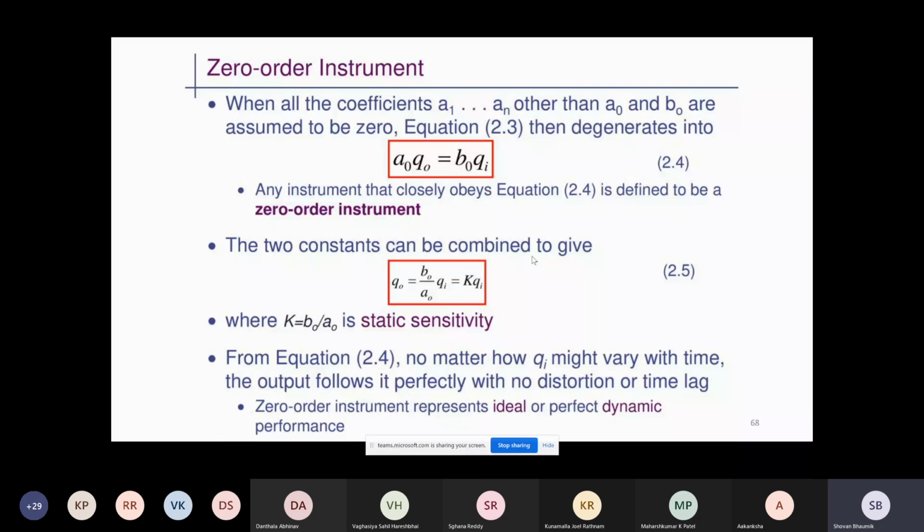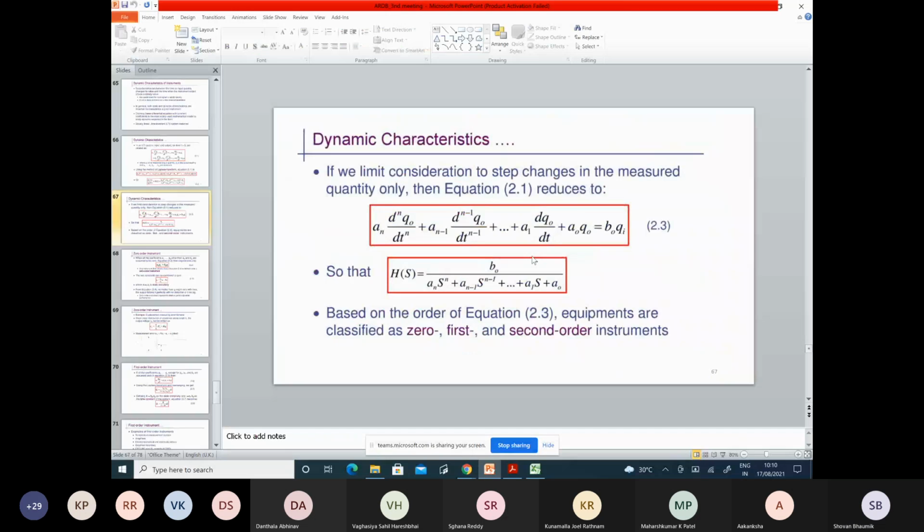Whatever output you get, you divide it by that constant and you know the input. That constant is known as the static sensitivity. Everybody prefers a zero order instrument, and if you can get a zeroth order instrument, you should choose it for your application. Okay, tell me any query up to this one.